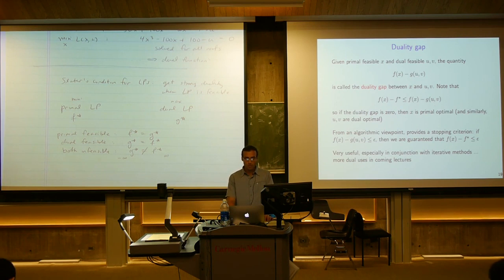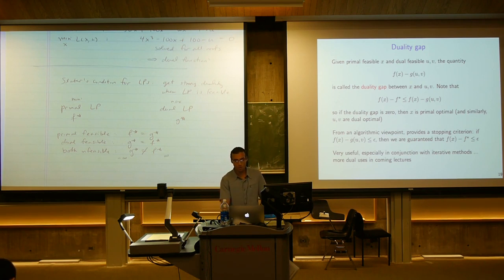So that's very useful because suppose you're running an iterative algorithm on the primal and the dual, okay? And you want to ask, how far am I away from the optimal criterion value? Well, take the current value of the primal iterates and the current value of the dual iterates and subtract the difference in the primal and dual criterions. That tells you that you're no farther than that. Like if that's 0.001, then you're at most 0.001 suboptimal in the primal, right? f of x minus f star is at most 0.001.